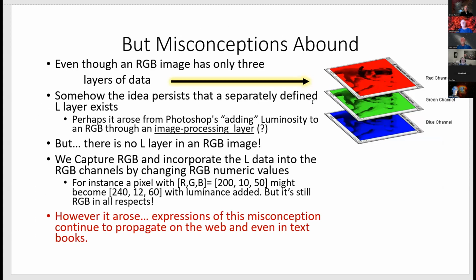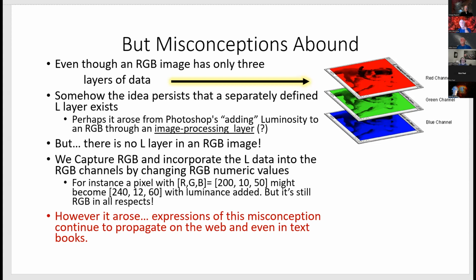Okay, so here are some of the misconceptions that abound about RGB images. An RGB image only has 3 layers within it. Mathematically, for every pixel there's a value in the R layer, the green layer, and the blue layer, 3 separate values. There is no L layer in here. Those people speak as if there is. There isn't.